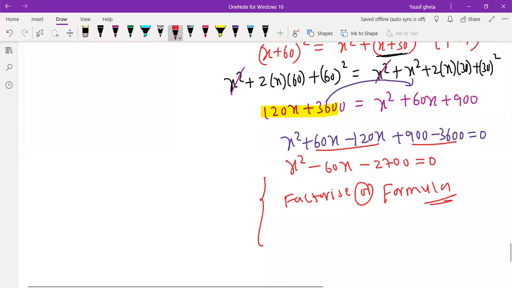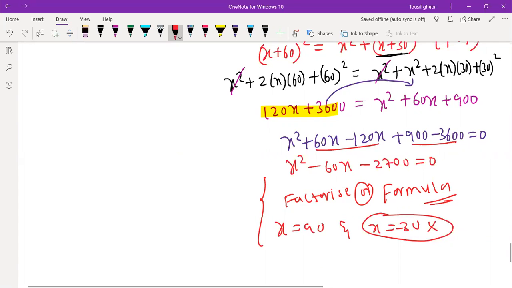Shall I do or will you do? Minus 30 and 90 you will get. Yes, very good, Srinidhi, exactly right. You will get x is equal to 90 and x is equal to minus 30. This will be discarded because of minus.